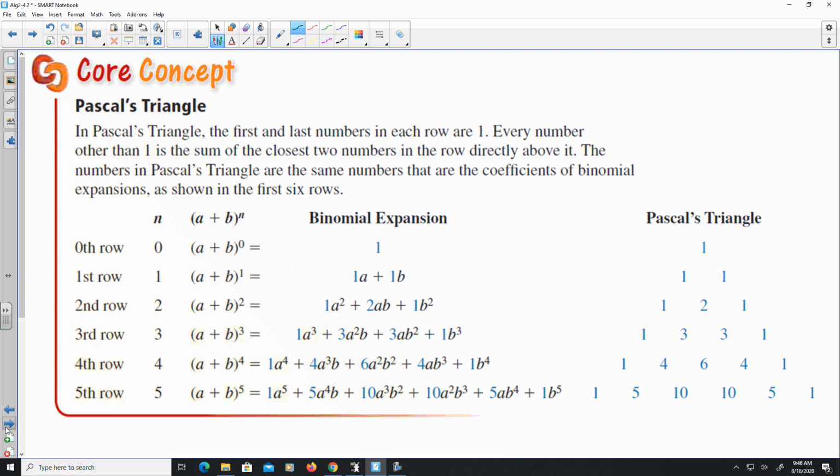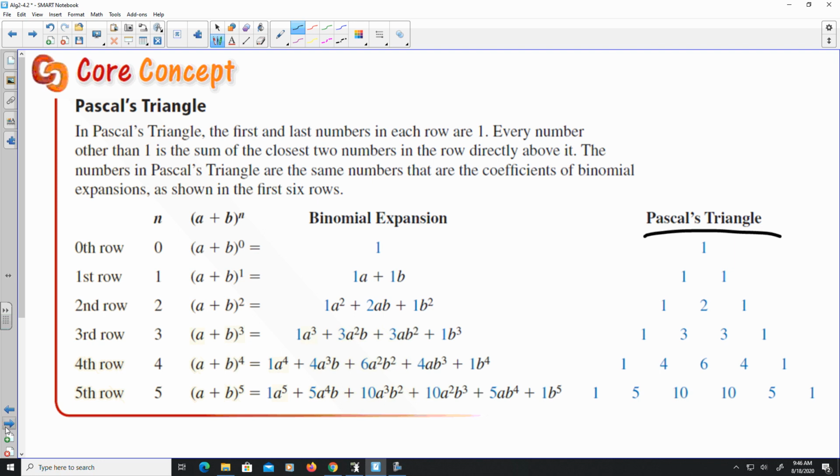One of the reasons why we are able to get these types of formulas is it comes from Pascal's triangle. Pascal's triangle is illustrated to the right here, where it has a series of ones along the outside, and then the values on the inside come from the sums of the two values directly above it.